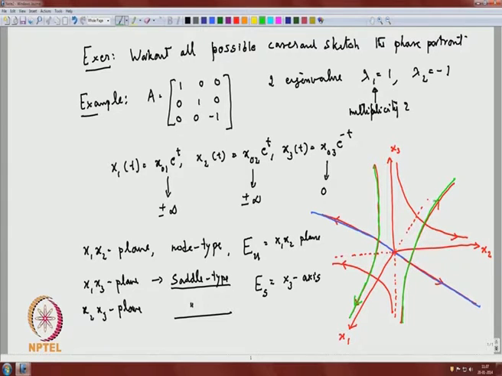So, that is a complete picture. This is what the phase portrait will look like, with the curves given on the respective projected planes x1 x2, x2 x3 and x1 x3. If you start arbitrarily, it will move accordingly.